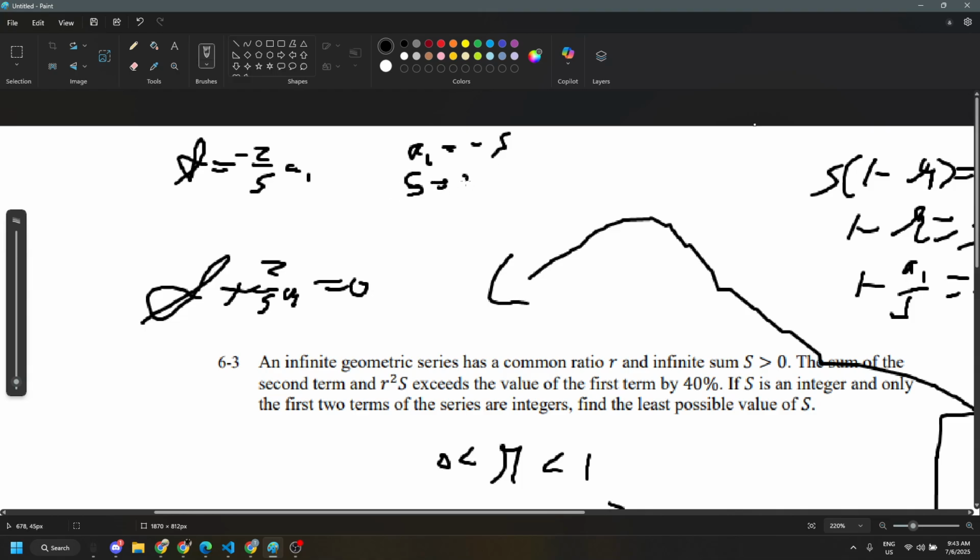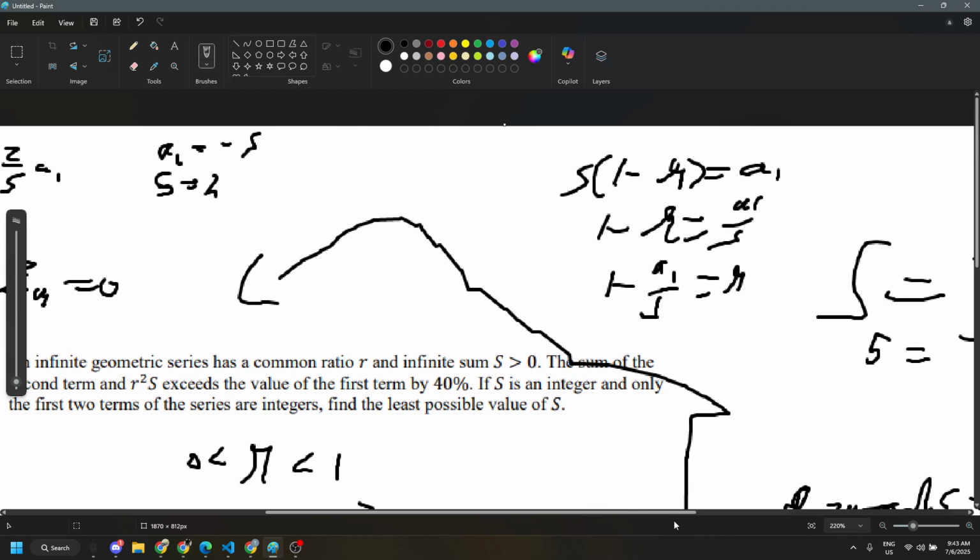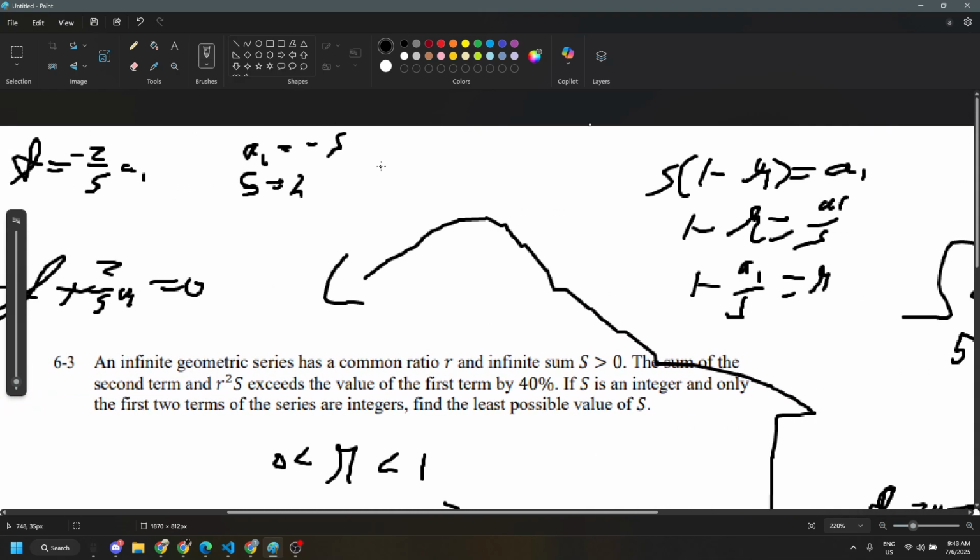so S is equal to 2, then let's solve for r. 1 minus 1 plus 5 over 2 equals r.